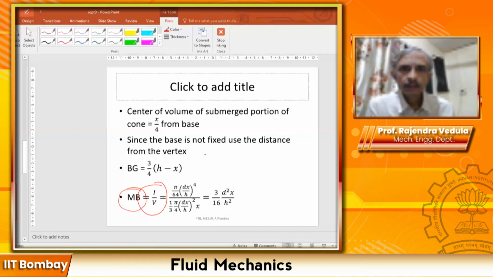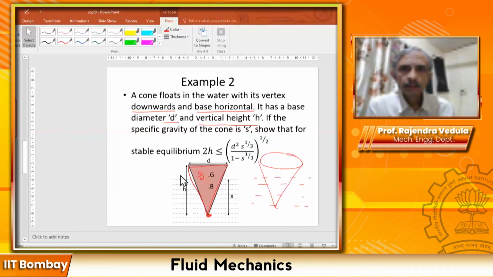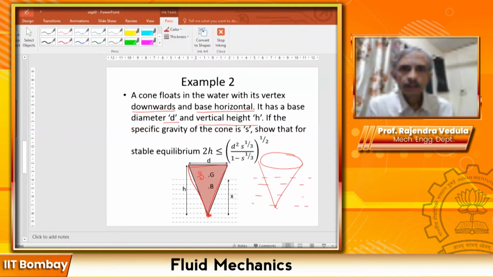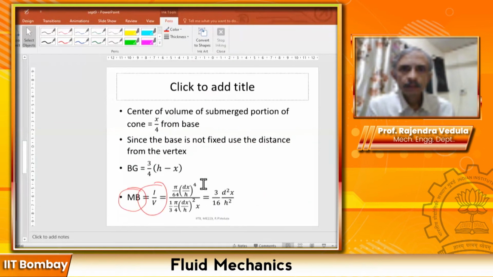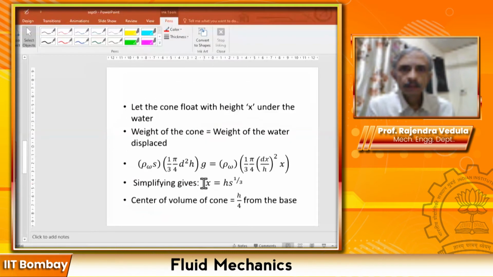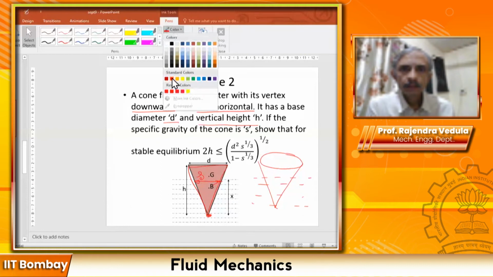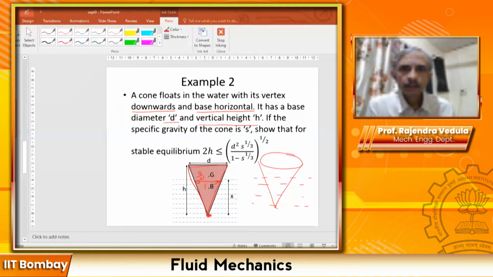So what is going to be the wetted perimeter of the surface? Suppose I say that this is equal to, let us say, D1. What is going to be the wetted perimeter when it is stably floating?